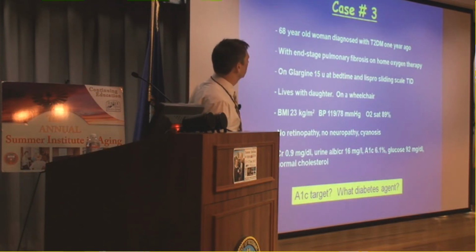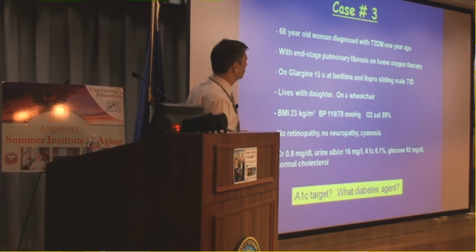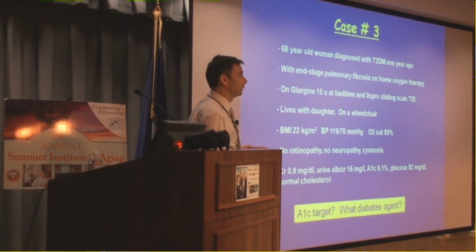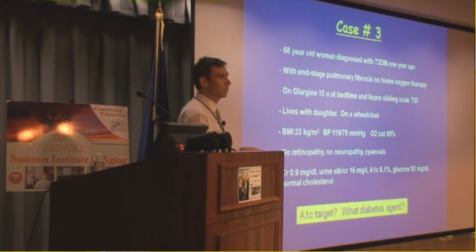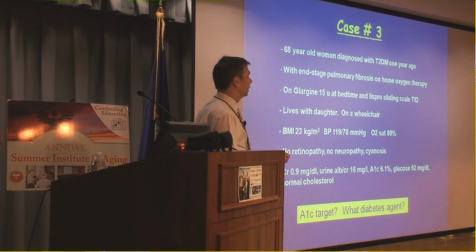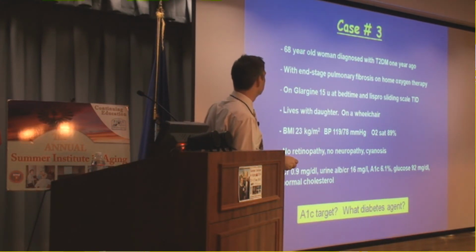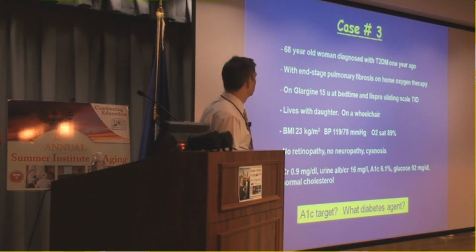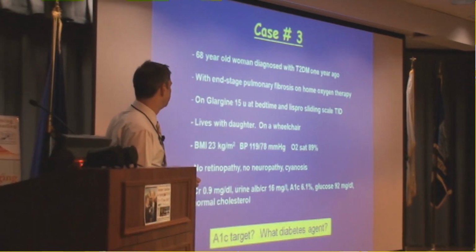A 68-year-old lady with type 2 diabetes for a year. She comes with pulmonary fibrosis and home oxygen therapy, and her daughter brings her and takes care of her. She's on Glargine once a day and Lispro 3 times a day.